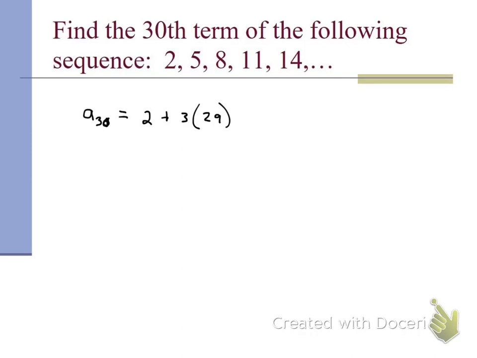Where does that 29 come from? n minus 1, 30 minus 1. Everybody clear on that? Grab your calculators, take 3 times 29, add 2. What is that? 89? Yes. So the 30th term in that arithmetic sequence is 89.